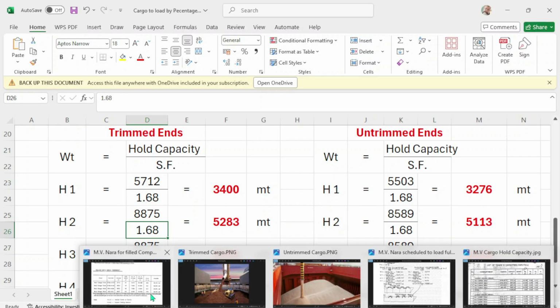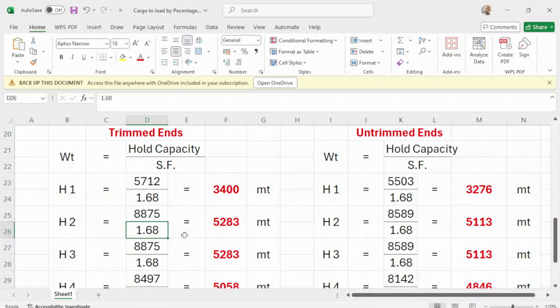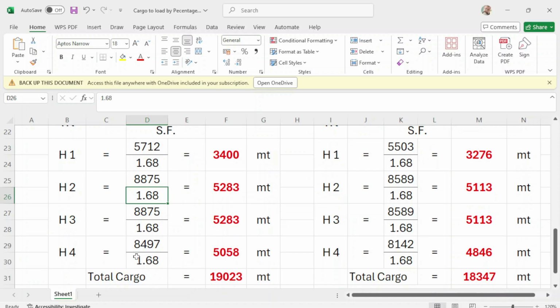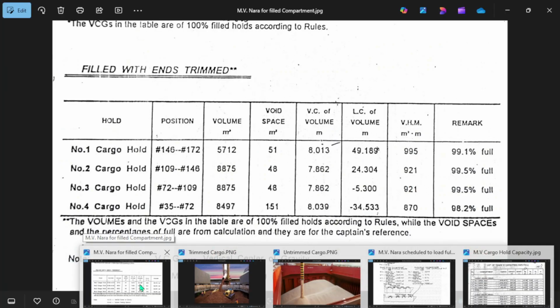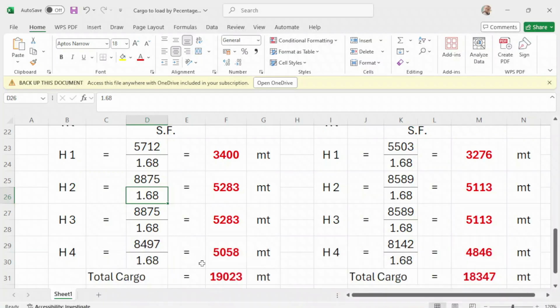Number 3 is 8875. And number 4 should be 8497. Okay.